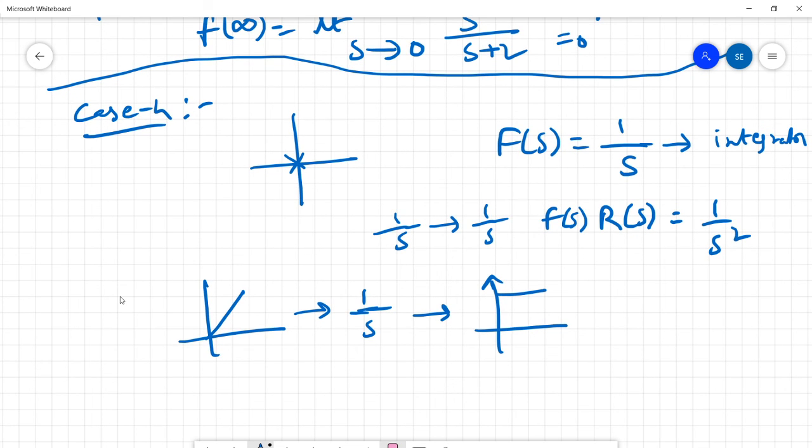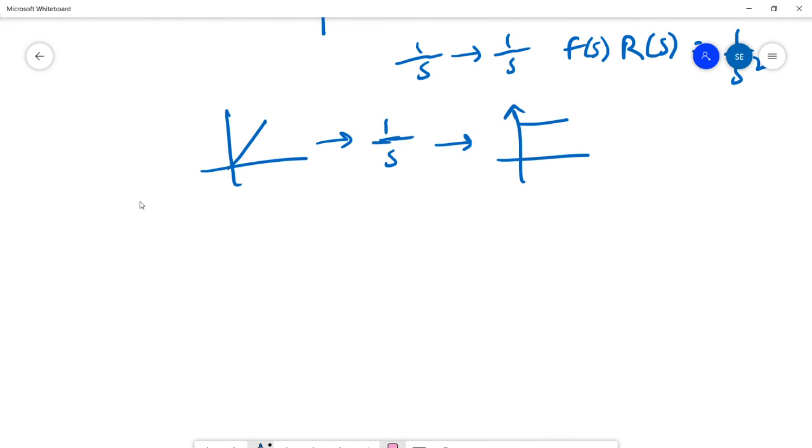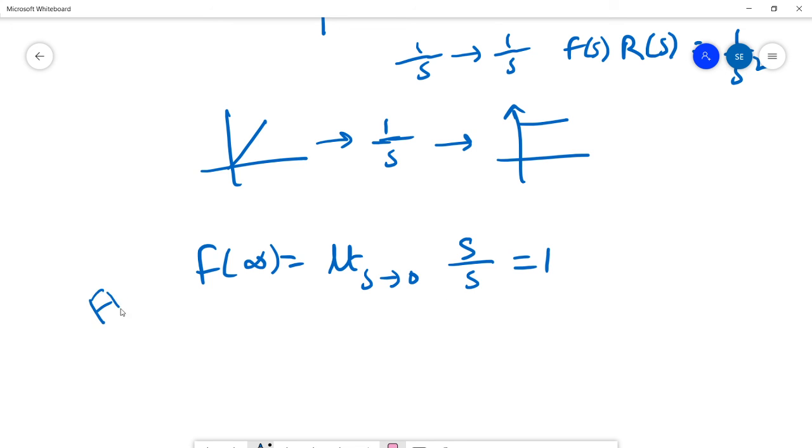So we'll apply final value theorem for this function. Final value theorem for this is f of infinity is equal to limit s tends to 0, s by s, that is equal to 1, right? What we got actually from the plot is 1. What we are getting here is also 1. So final value theorem is working well with the poles at origin and the poles on left half of S plane.